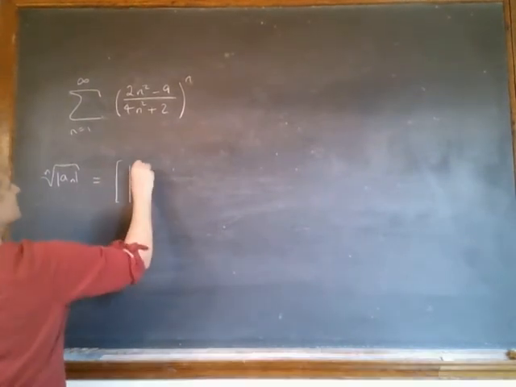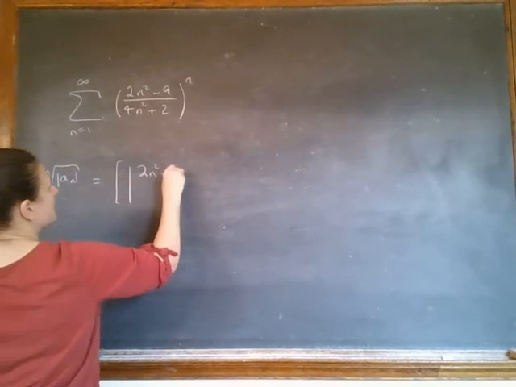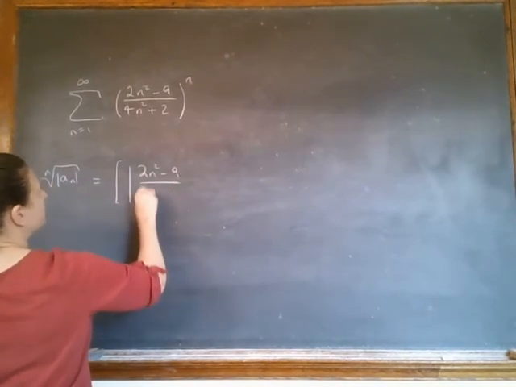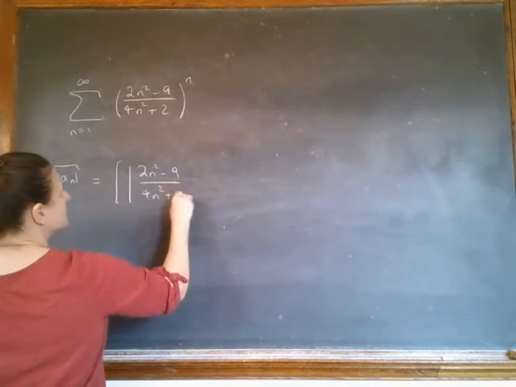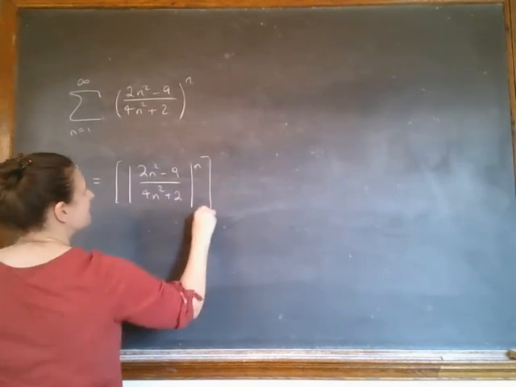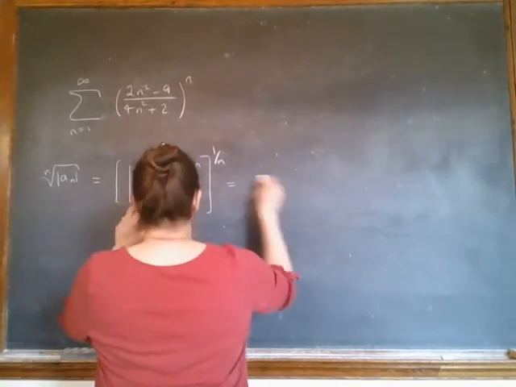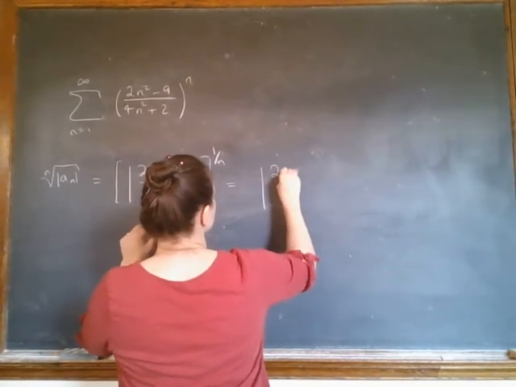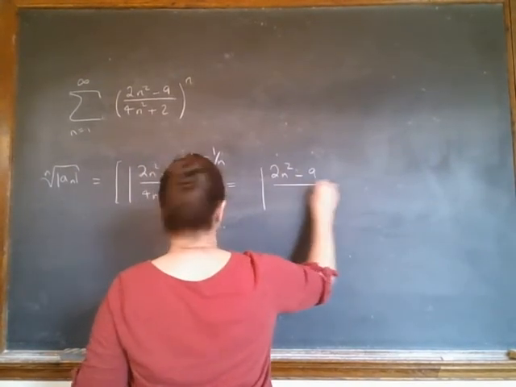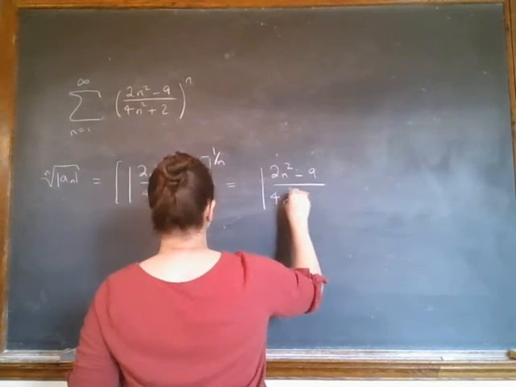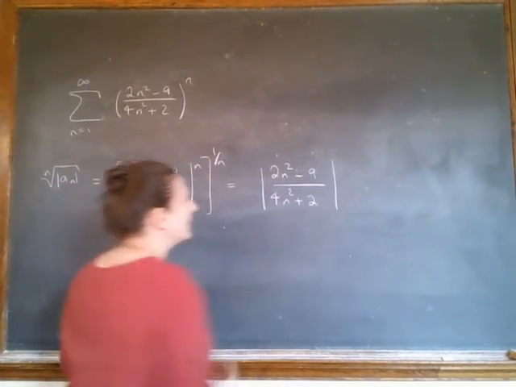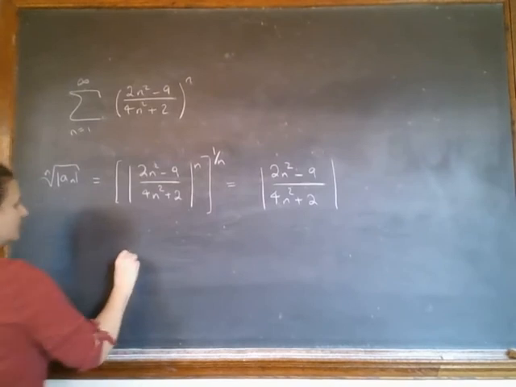If I do this, (2n squared minus 9 over 4n squared plus 2) to the n, to the power of 1 over n. Okay, so what I'm really going to get is 2n squared minus 9 over 4n squared plus 2. And now this I can take the limit of easily.